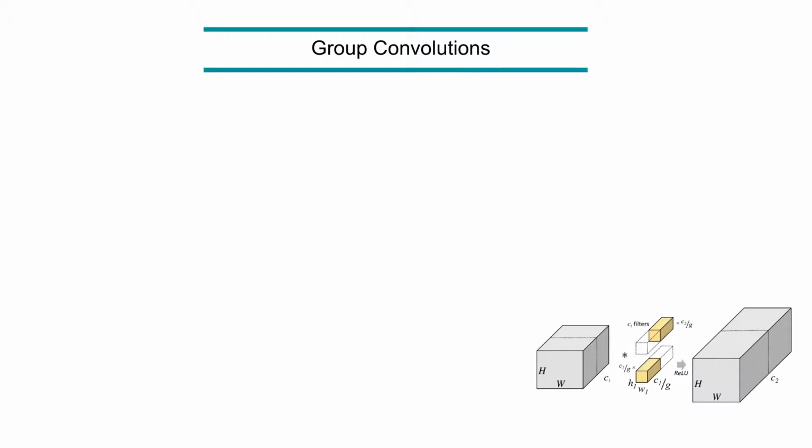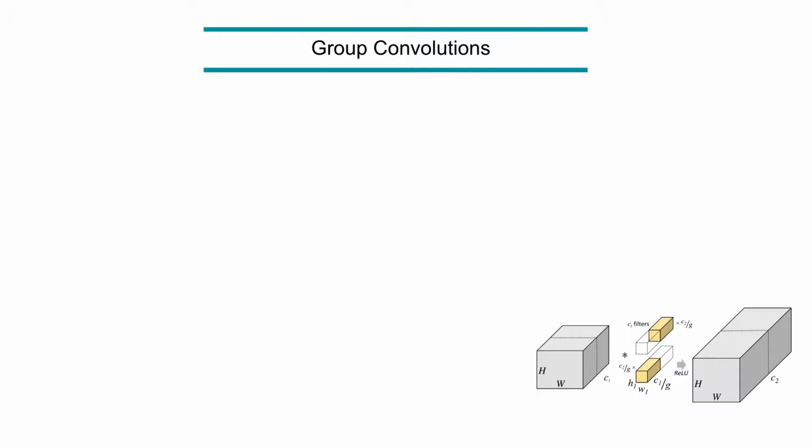Depth-wise convolution is a special case of grouped convolutions. In depth-wise convolution, you divide the input tensor into number-of-channels groups, but in general, in group convolutions, you can divide your input tensor into any number of groups.